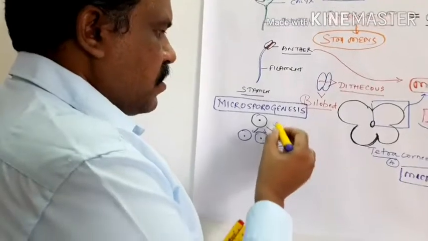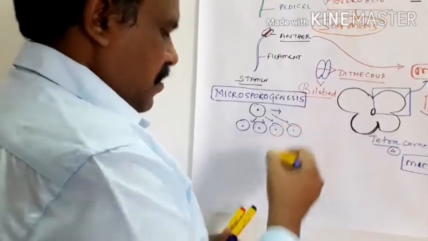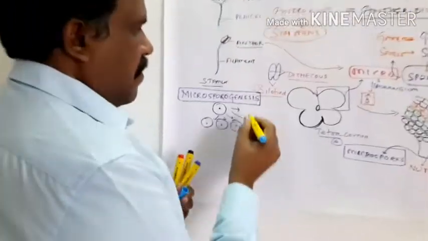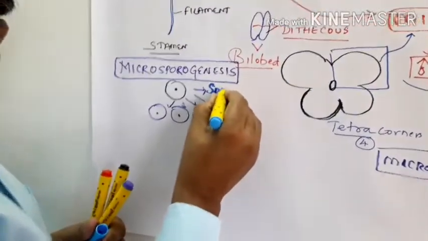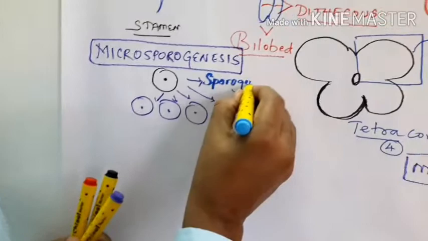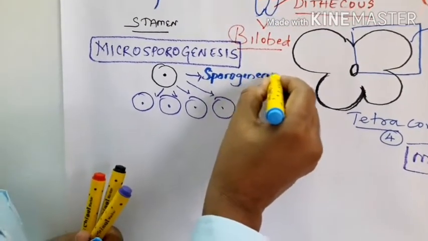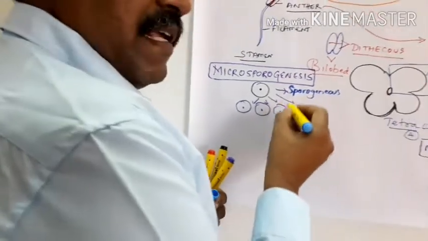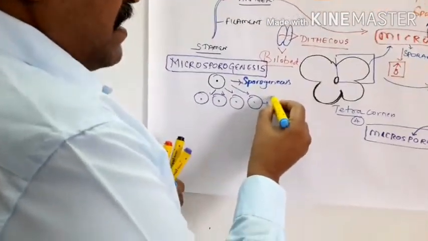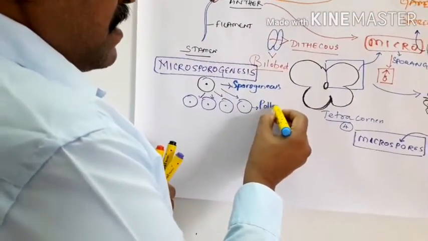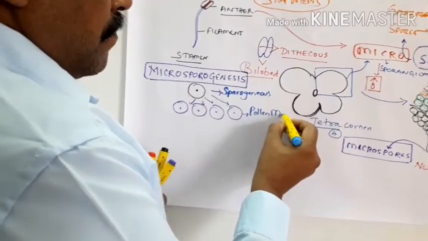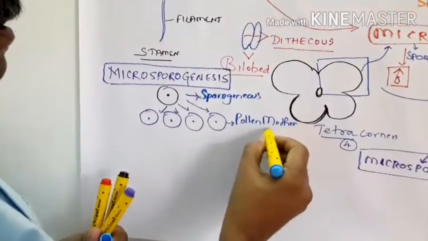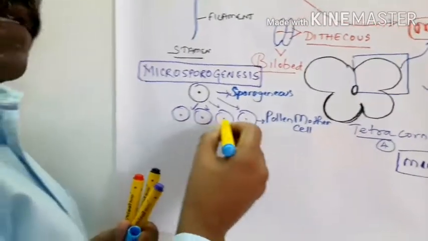This is the sporogenous tissue here, and it is undergoing mitotic cell divisions and developing many cells. These are called pollen mother cells. Is it clear, children?